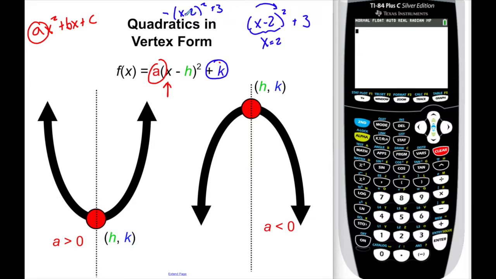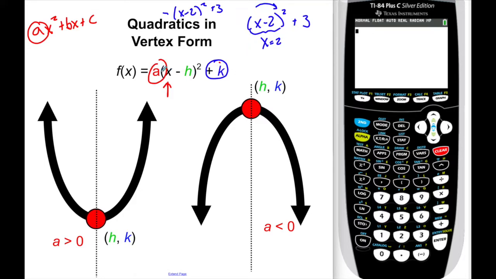Then if I made it 4, 4 minus 2 is 2, 2 squared is 4, so that's negative 4 plus 3. So now I'm at negative 1. Things are being subtracted away from 3. So 0 represents the smallest thing being taken away, and taking away the smallest amount represents the biggest possible value that you can attain.